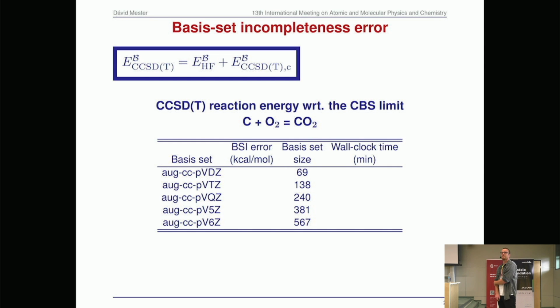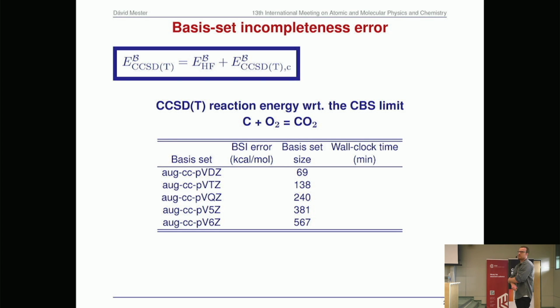The CCSD(T) method is considered the gold standard in the electronic structure theory community. The total energy using a finite one-electron basis set, denoted by B, can be split into a sum of the Hartree-Fock energy and the CC correlation energy.